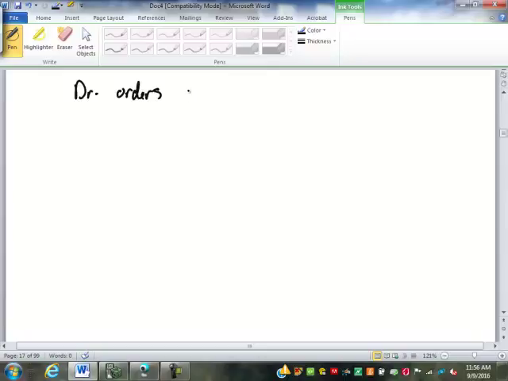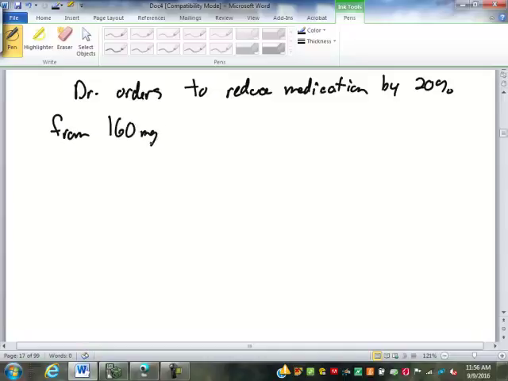So the doctor orders to reduce the medication by 20% from a current order of 160 milligrams per hour. Find the new dosage.